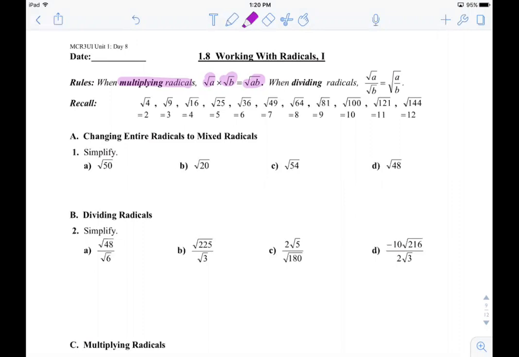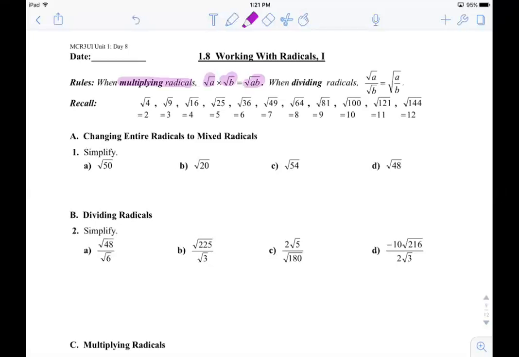So for example, and you can try this on a calculator, if you find what the square root of 2 is, and then multiply it by the value you get when you do square root of 3, when you multiply those together, you should get the same result as what you'd get if you just did the square root of 6, because 6 is the number that would represent a times b, the two of them multiplied together. So that's an important fact to remember when multiplying radicals, and we're going to make use of that fact.